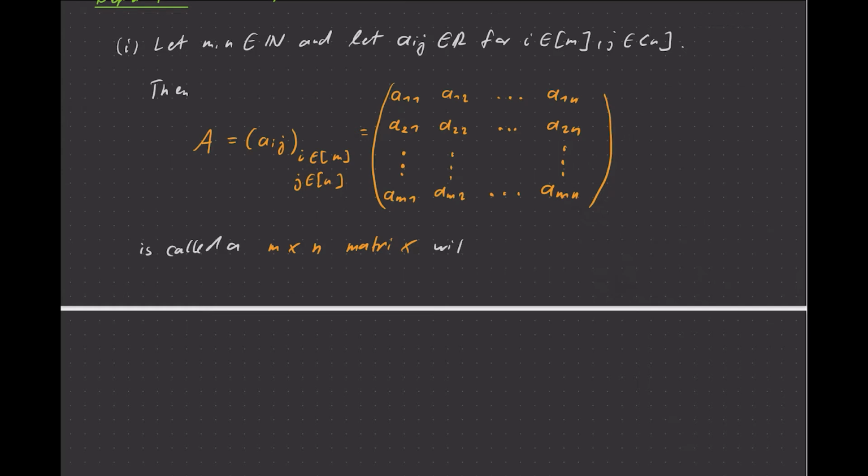The entries of that matrix are called entries, of course, or components, or coefficients, or elements, and we'll use those interchangeably. And those are the a_ij.